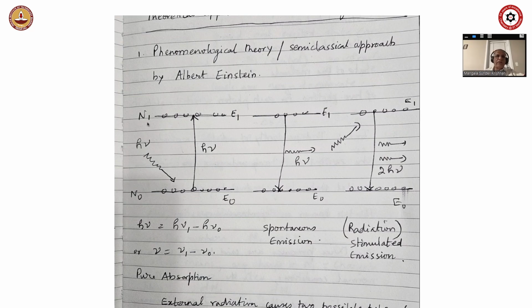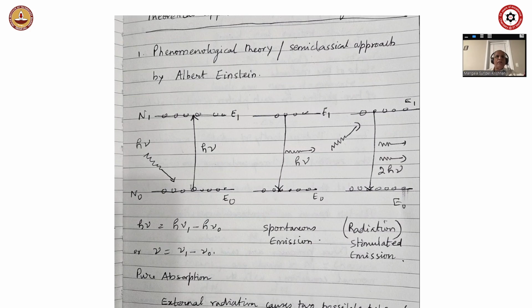The radiation energy should be the same as the difference between the two energies, E1 and E0, which is hν. So you can see that the excited state energy is hν1, the ground state energy is hν0, and the difference between the two is hν, and radiation frequency and energy must match this hν.